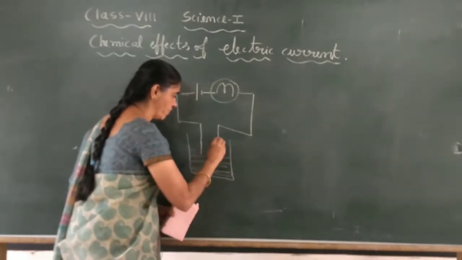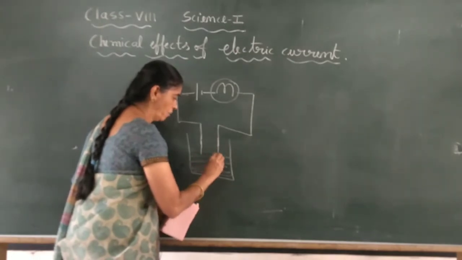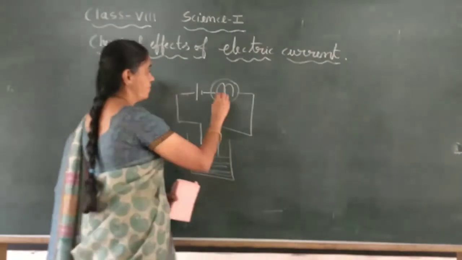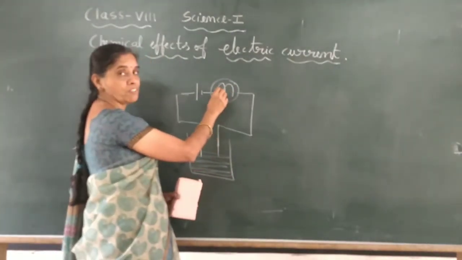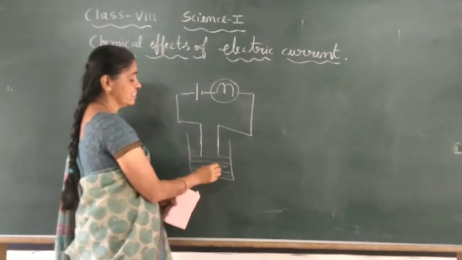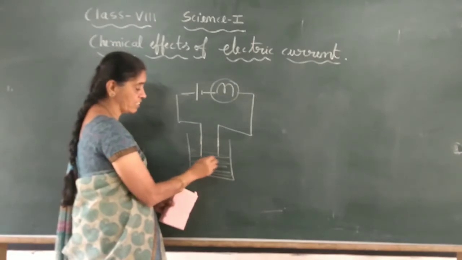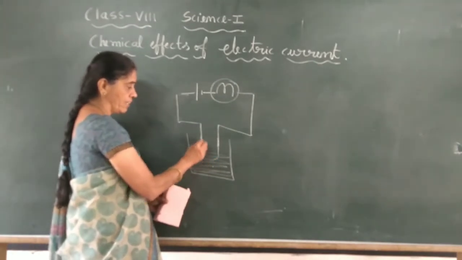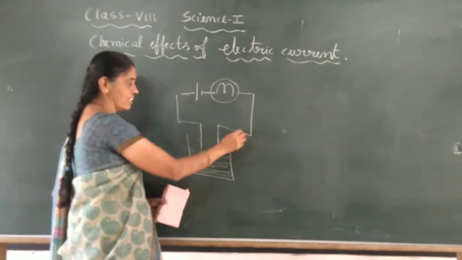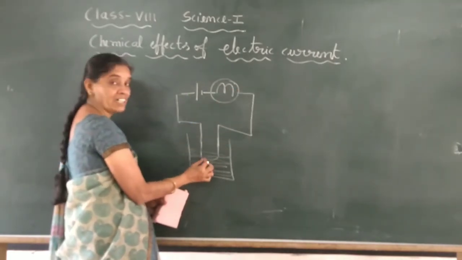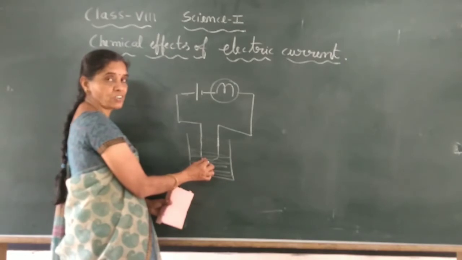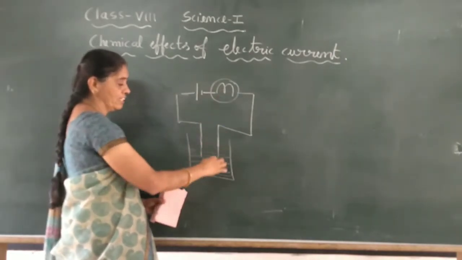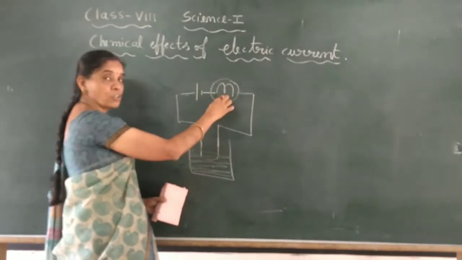There is no direct connection here, so through the liquid the current should flow in the circuit, unlike when we tested solids. When current flows in the liquid, the bulb will glow.